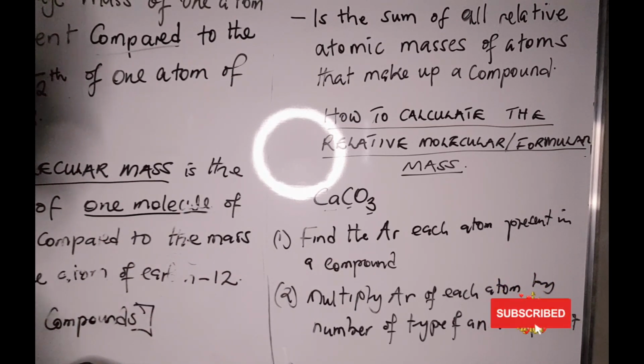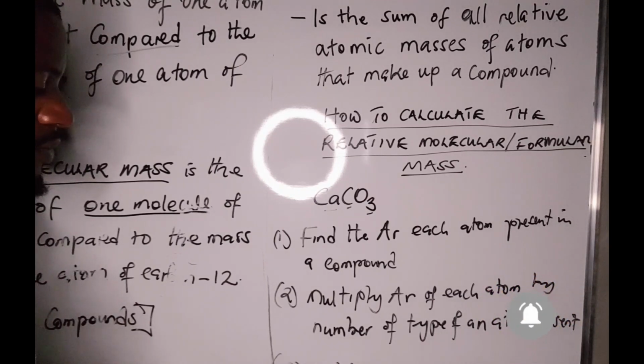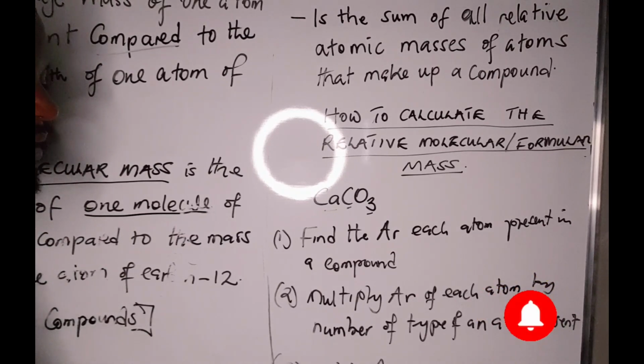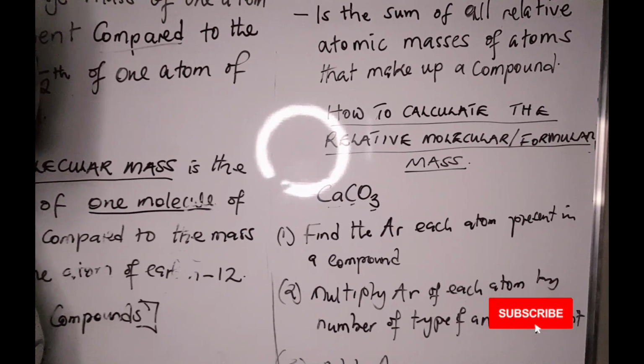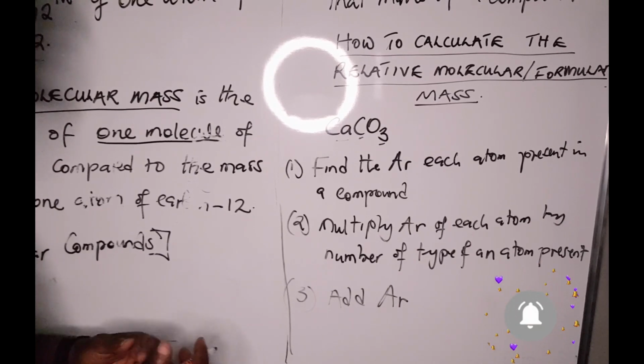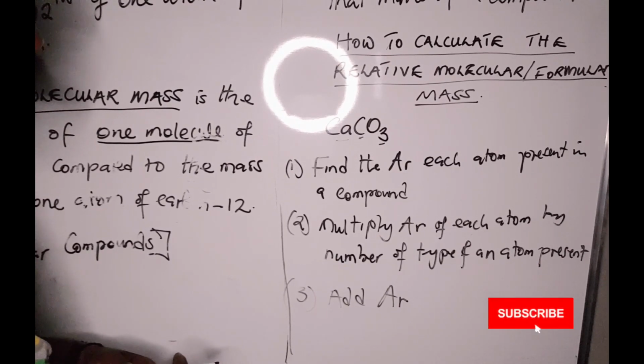Then from there, we add the relative atomic masses so that it gives us the relative formula mass for calcium carbonate.